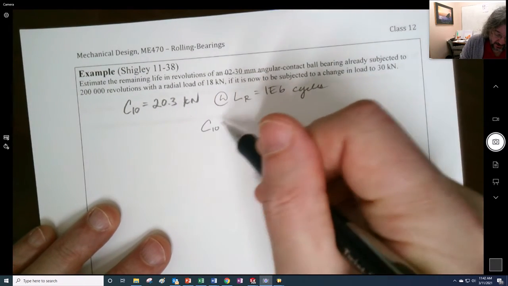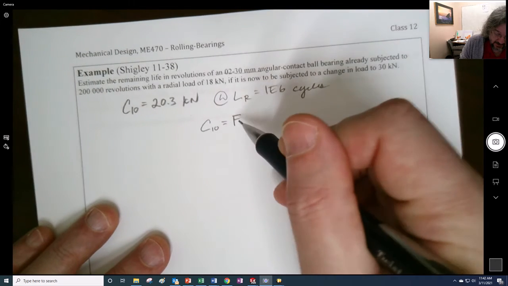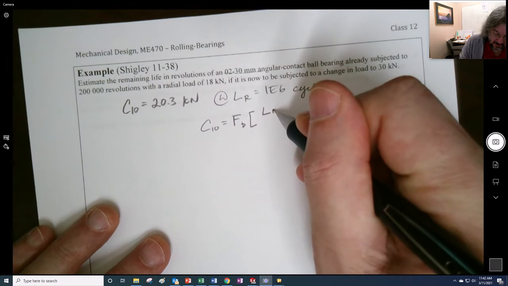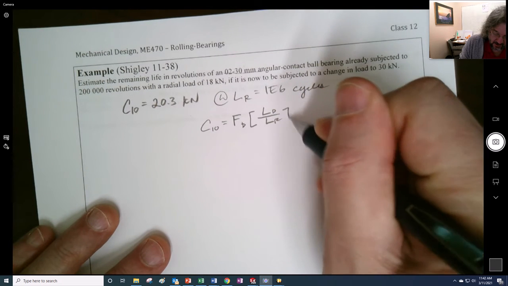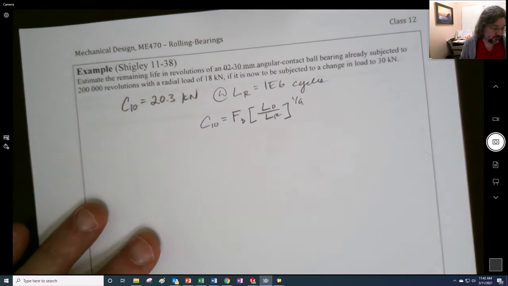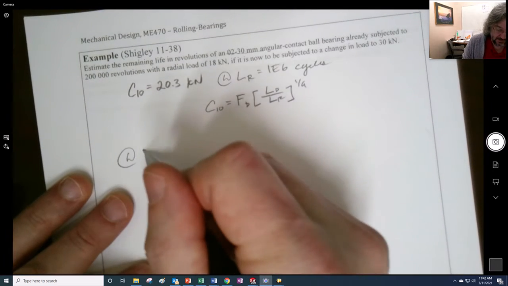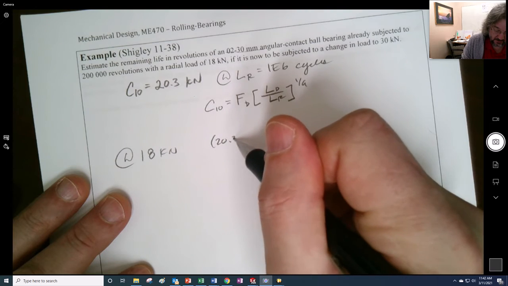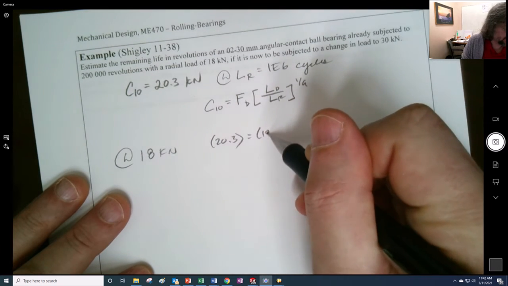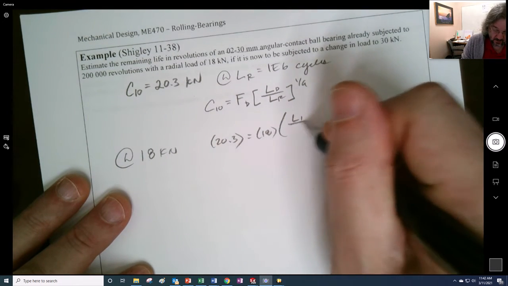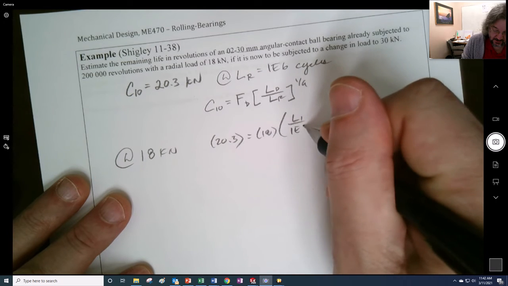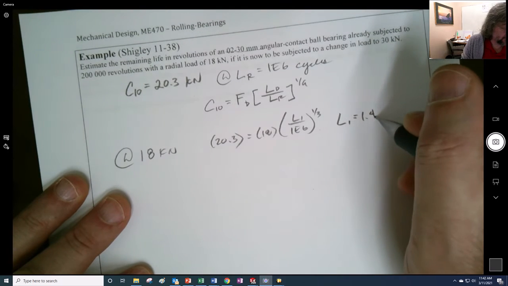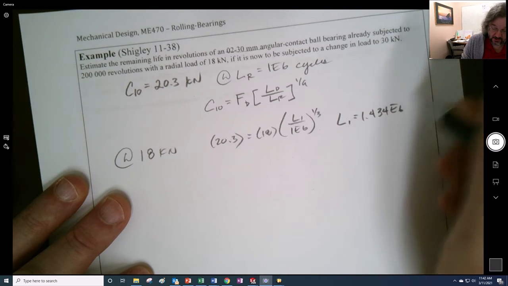So we take that idea that the L10 is the desired divided by the rated, to the 1 over a. And we say at 18 kilonewtons, 20.3 over 18, times 1E6, to the 1/3, that's L1, 1.434 E6.